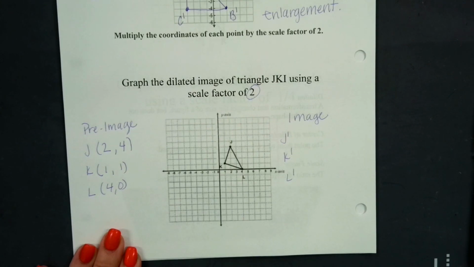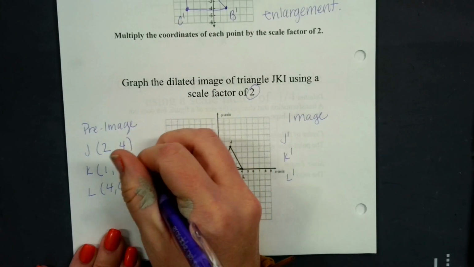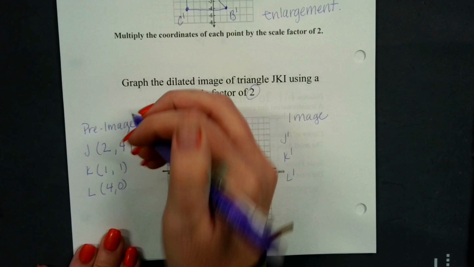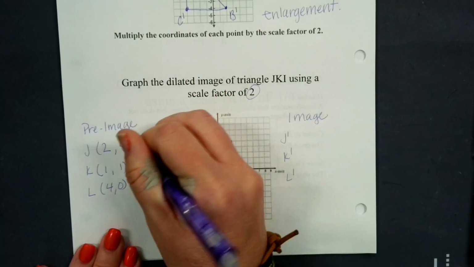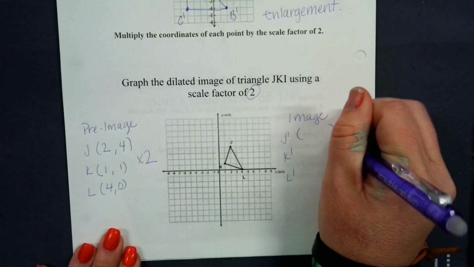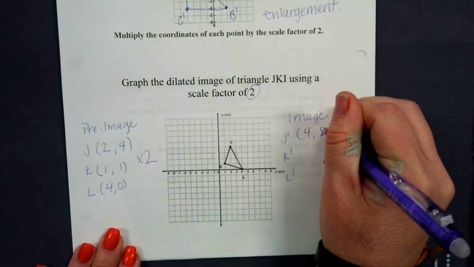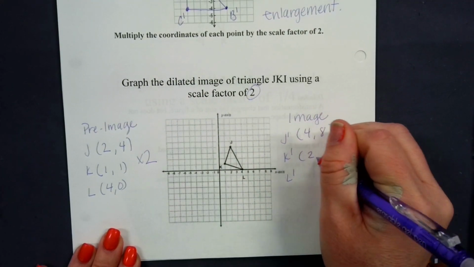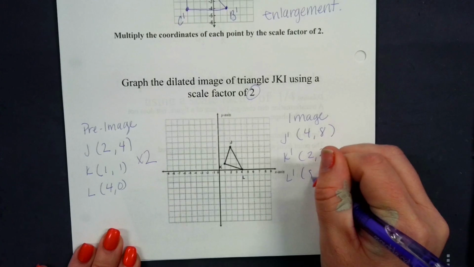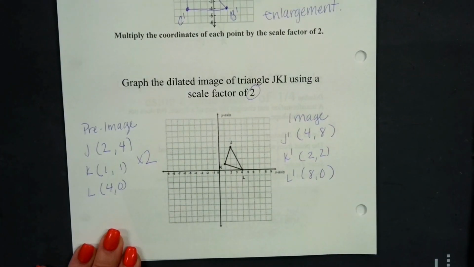All right, so now what am I multiplying all these by? What's my scale factor? 2. So I'm going to multiply them all by 2. So I have 4, 8, 2, 2, 8, 0. Do you guys agree with that?